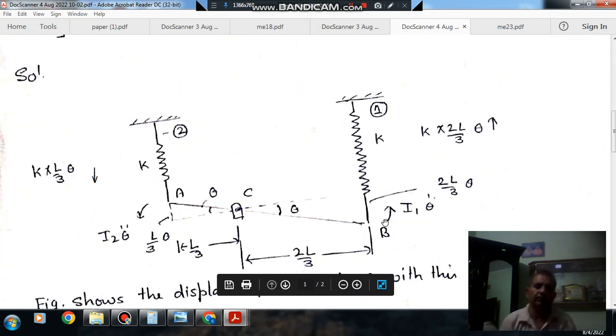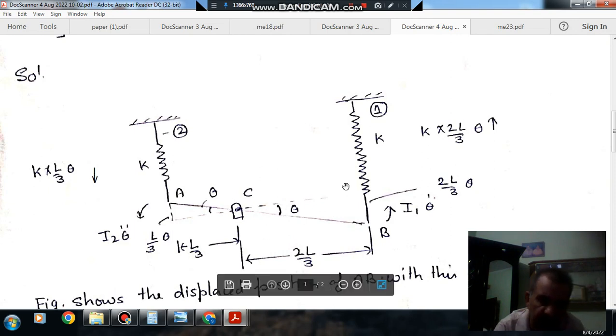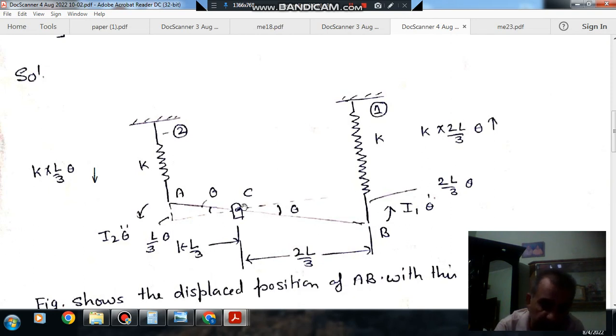To find out the natural frequency of the system, let us displace the rod by an angle theta in clockwise direction. This is the instantaneous position of the rod at an angle theta when it is vibrating. When theta angular displacement is given to the AB rod, this spring will extend and this spring will compress.